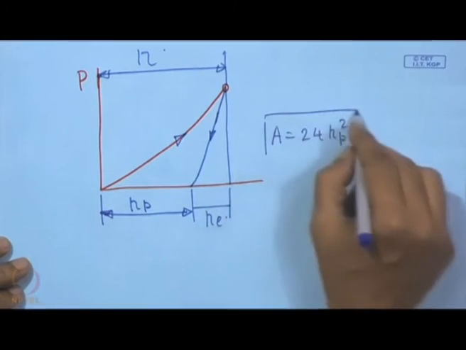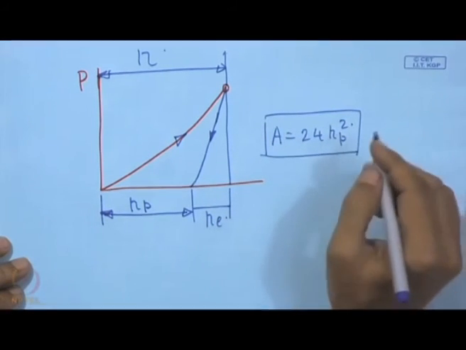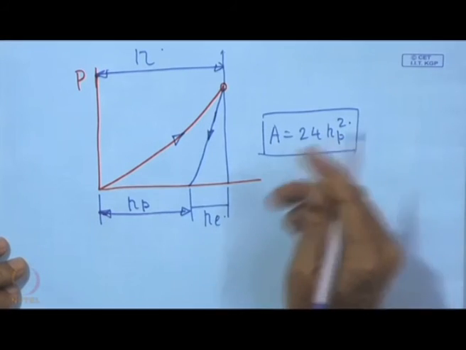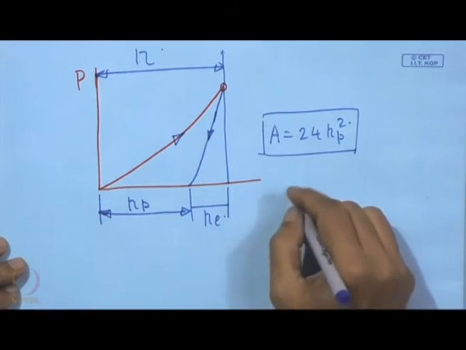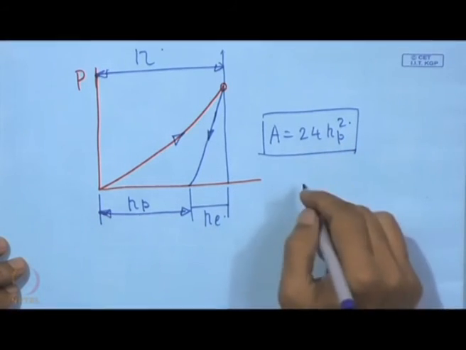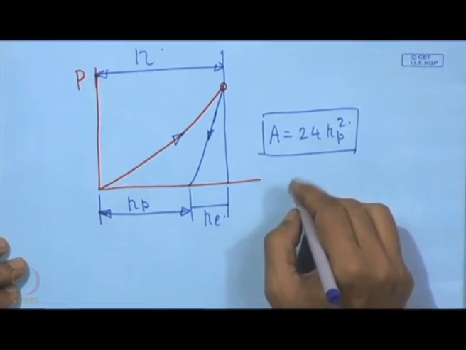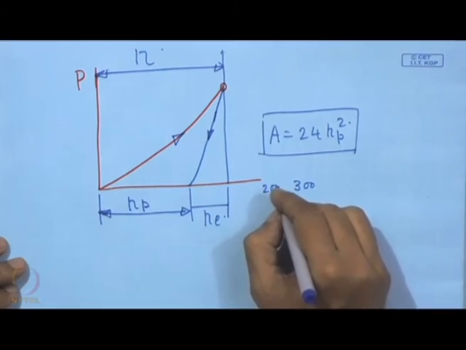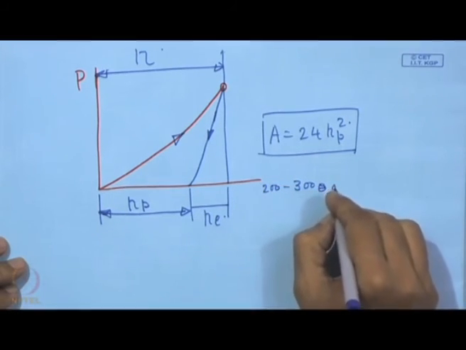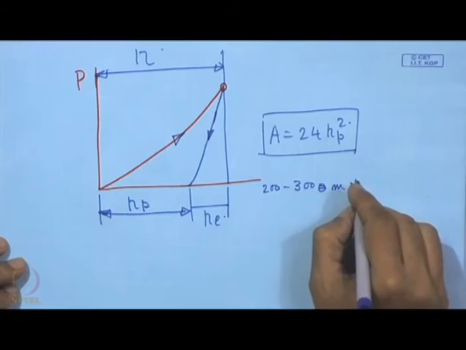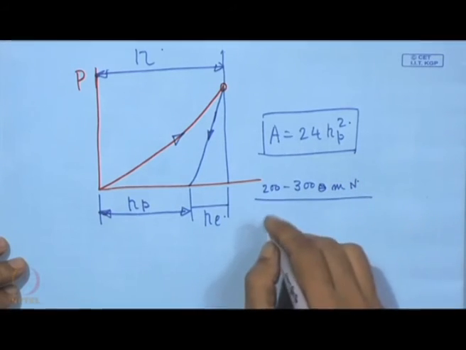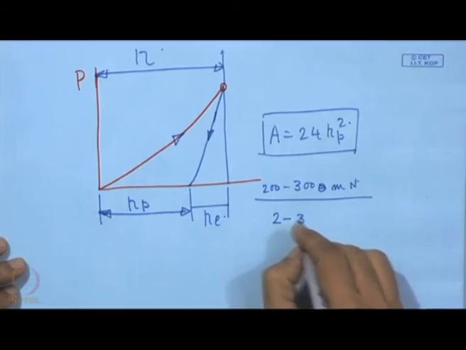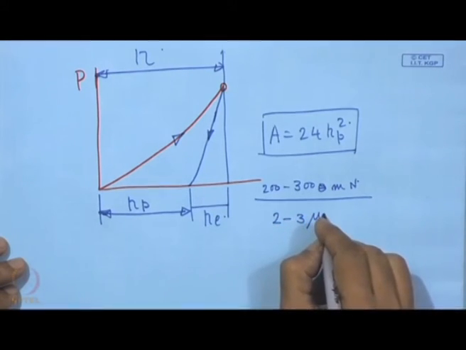From this measurement of HP, it is possible to measure the hardness of the coating, and in this case the load can be kept as low as 200 to 300 millinewton, and the penetration depth can also be restricted to 2 to 3 micron.